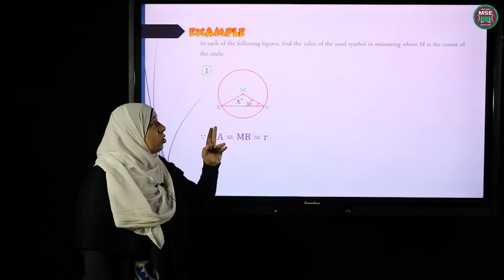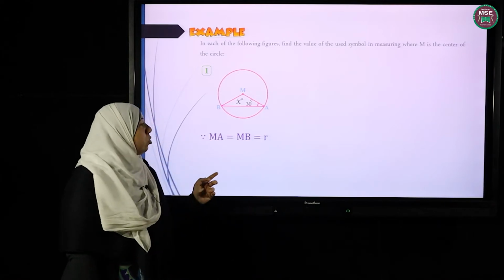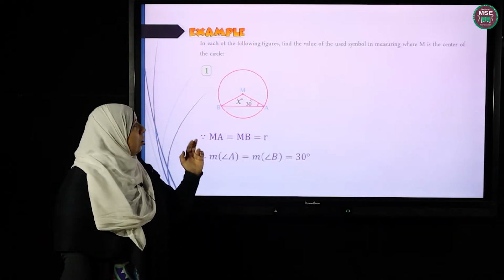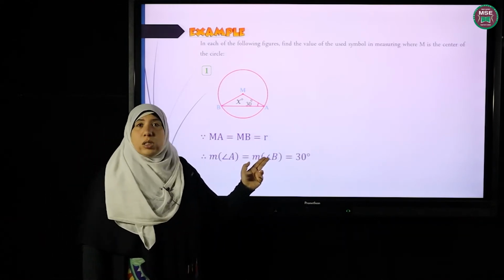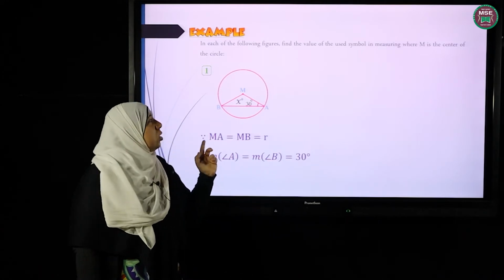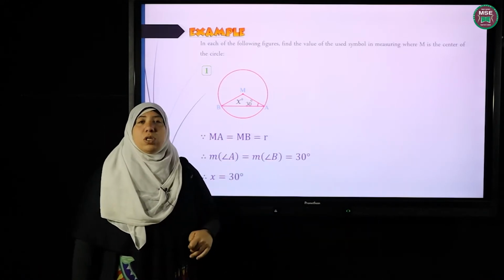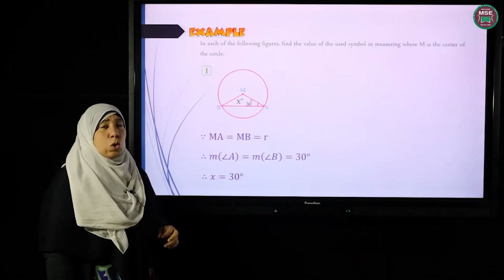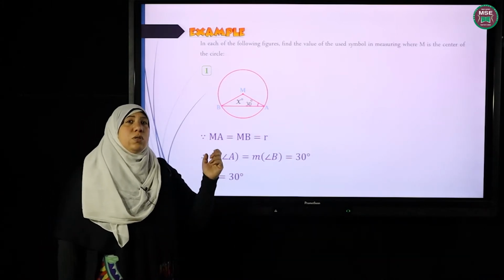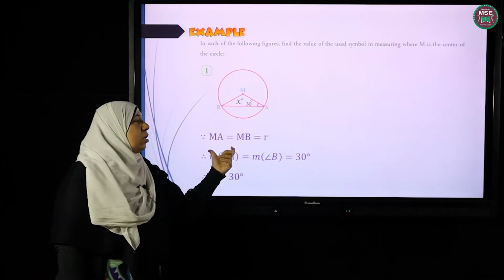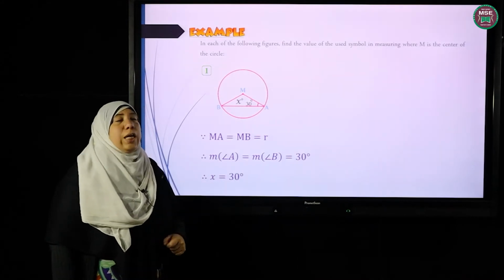So this triangle is an isosceles triangle, so the value of x equals 30 degrees, because the measure of angle A equals the measure of angle B. You have studied before that in an isosceles triangle, two equal sides give you two equal angles.